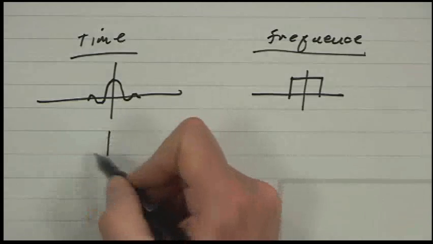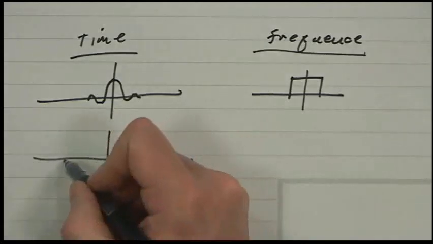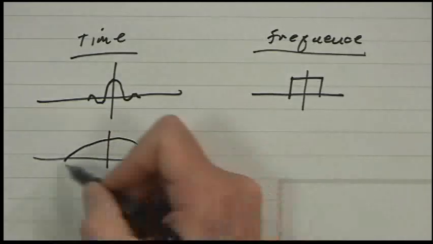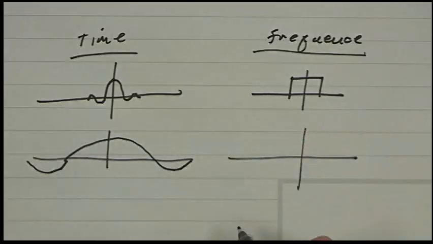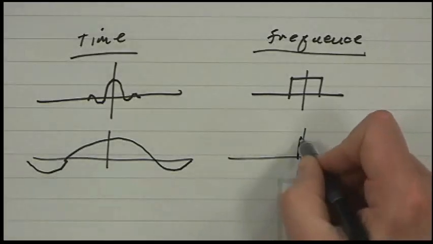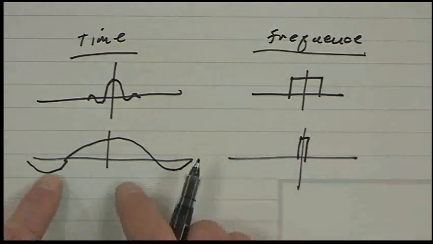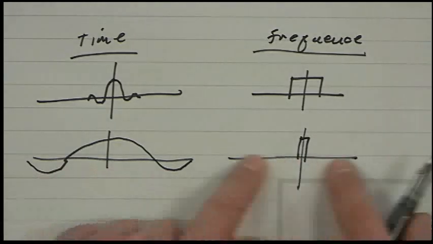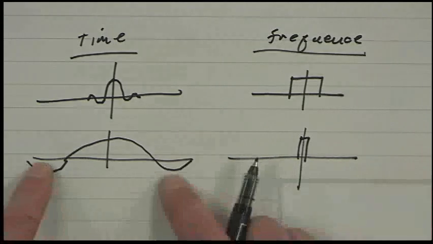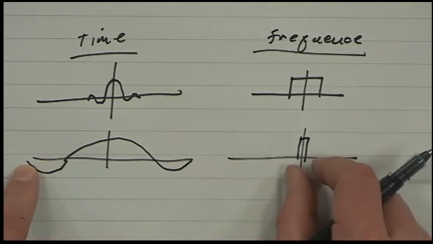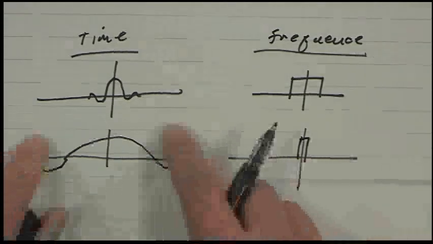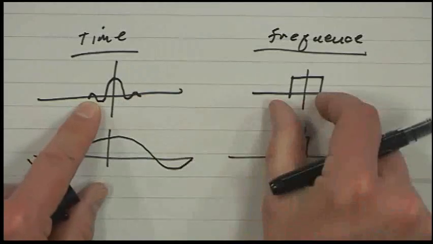And if you stretch it out in time, what happens to it in frequency? It gets narrower, right? And if you make it narrower in time, it gets wider. So if you have a long pulse, a long sinc, then you get a thin slice. If you have a narrow sinc, you get a wide slice.